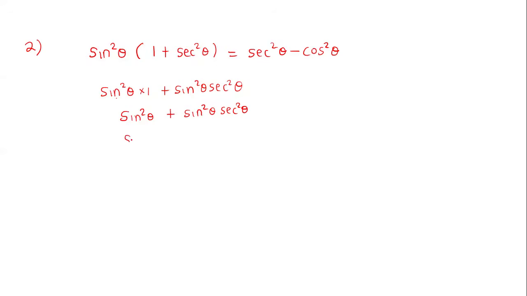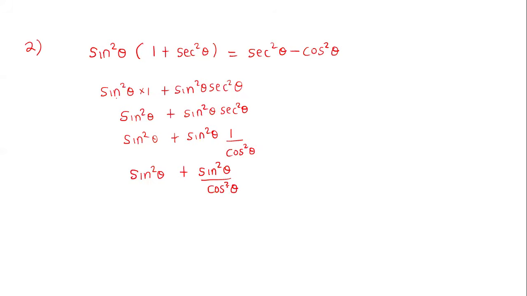So here we continue and say now we shall have sine squared theta plus sine squared theta. But we know that sec means 1 out of cos squared theta. So what shall we end up with? We are going to have sine squared theta plus sine squared theta times 1 out of cos squared theta, which is the same as sine squared theta out of cos squared theta.